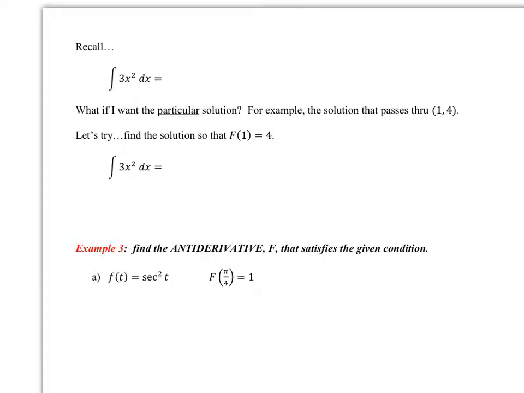Alright, so recall that the integral of 3x squared was x cubed plus c. Okay? What if I want the particular solution? So for example, the solution passes through 1, 4.